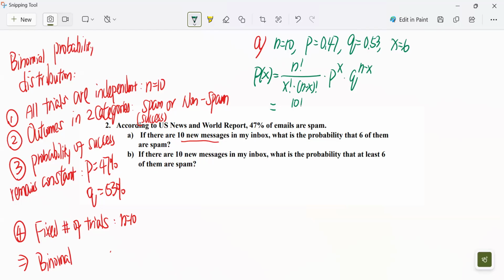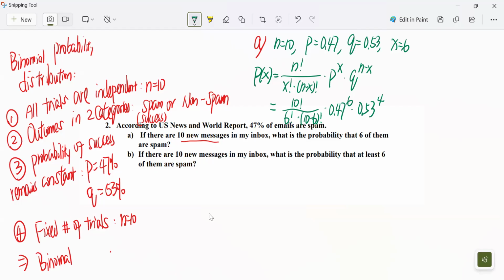So 10 factorial over 6 factorial times (10 minus 6) factorial, times 0.47 to the 6th times 0.53 to the 4th. And that's how we get the result.